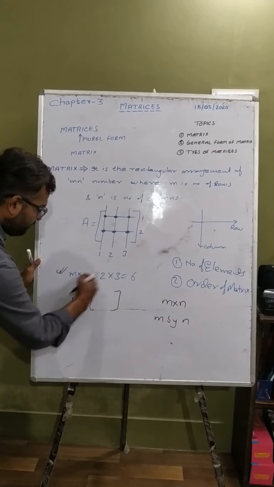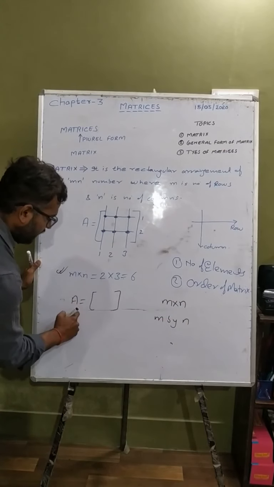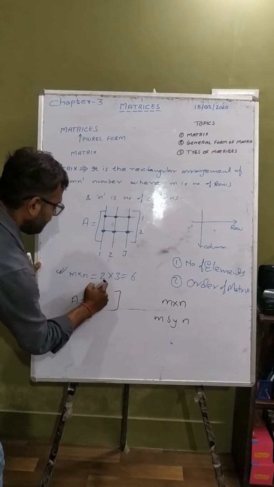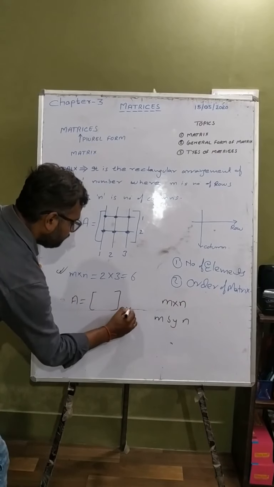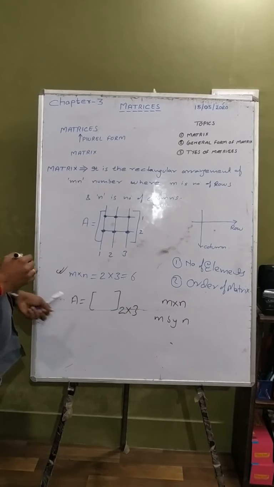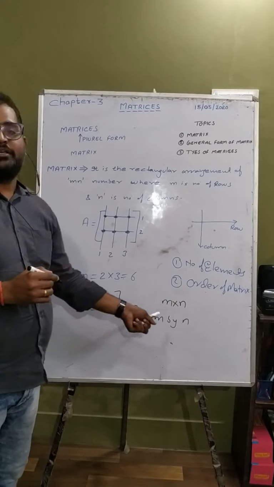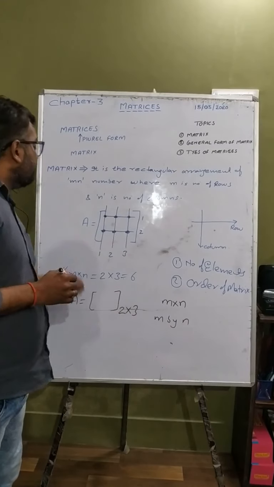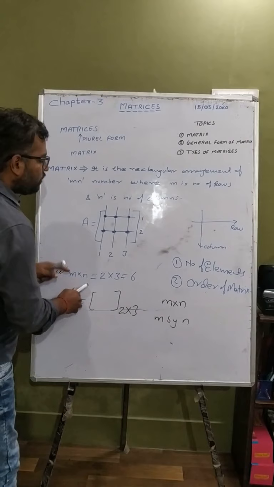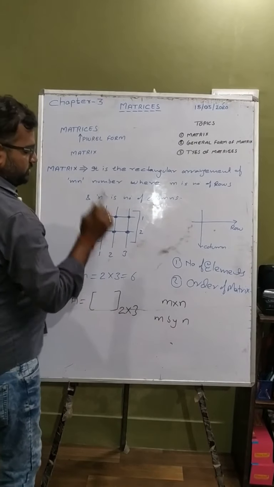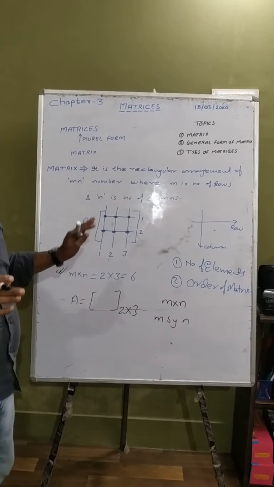This matrix A is represented by A of order m by n, where m is 2 and n is 3. The given matrix is of order 2 by 3, and the number of elements is equal to 6. Up to this point, is it clear to everyone?